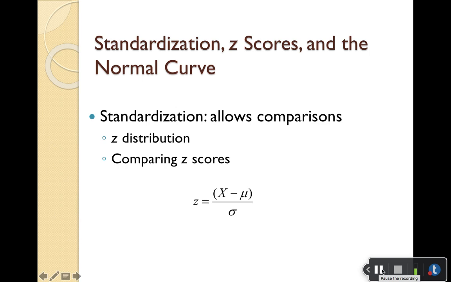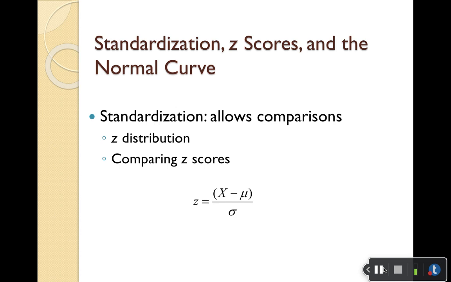And you can see here we have our z-score formula. And I'm not going to get too far into the formula. In my opinion, the book goes a little nitty-gritty in the calculations, but I want you to understand conceptually what this formula is telling us. So we have here that z equals, and on the top part of the equation, we have x, which is going to be someone's raw score.